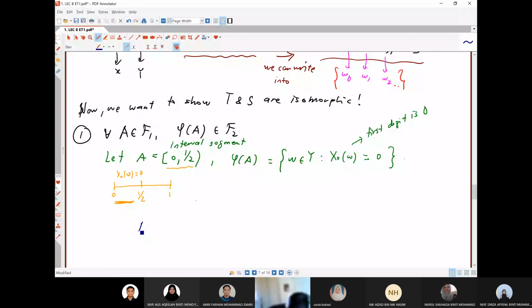So if you have 1/4 and 1/2, what is the image of this one A2? You can write it as omega taken from Y. So the x0 omega is again 0, right? What about the second digit?